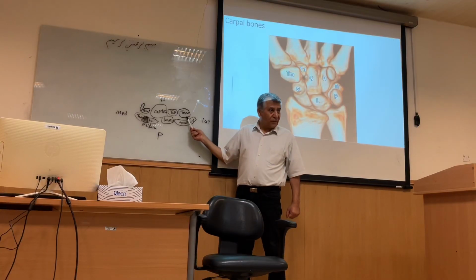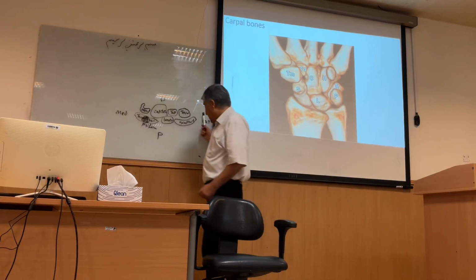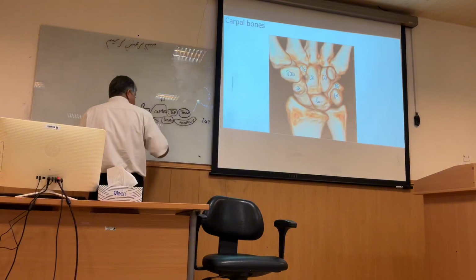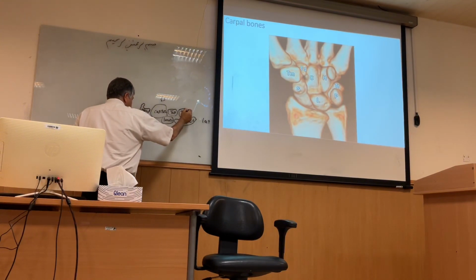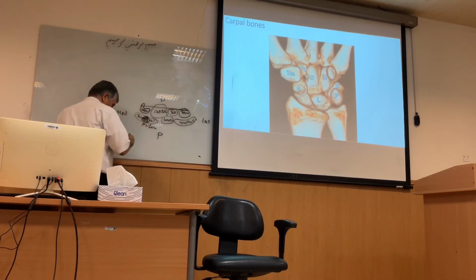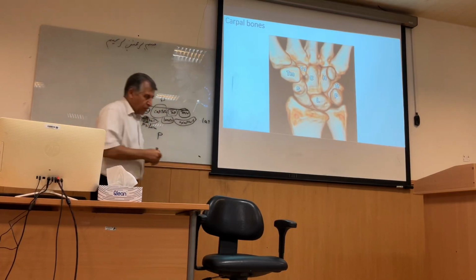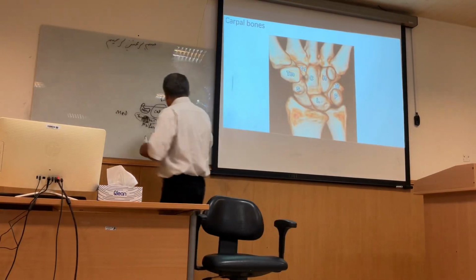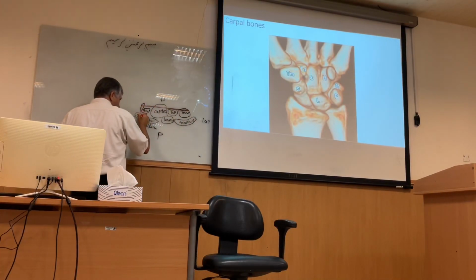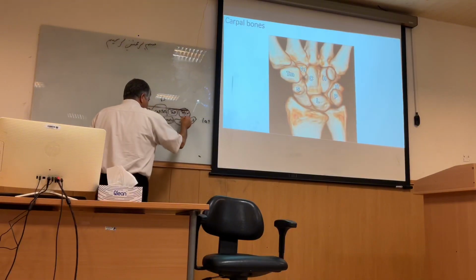Trapezium has a tubercle. On the lateral side, trapezium and scaphoid are important because a special structure is attached to these bones.